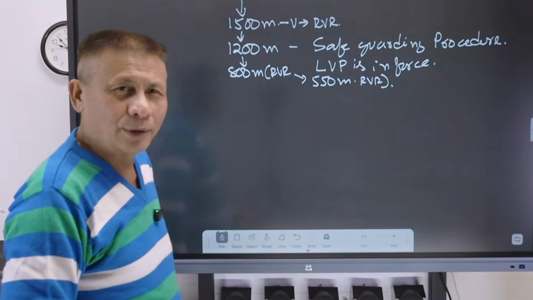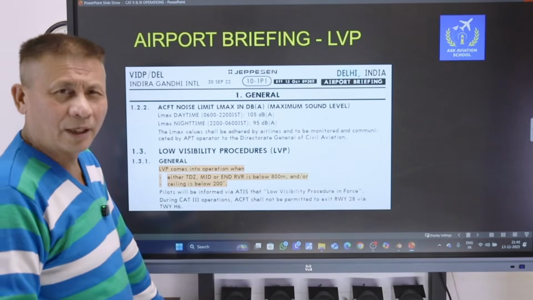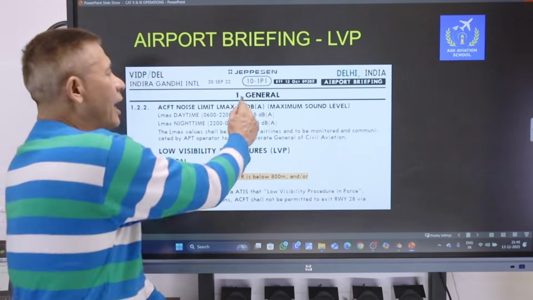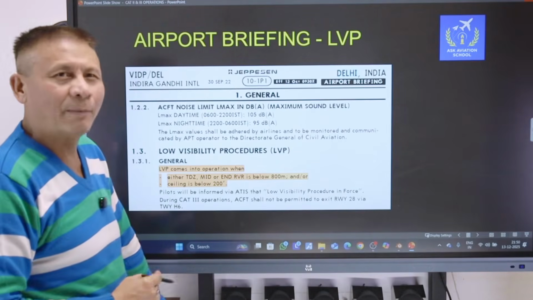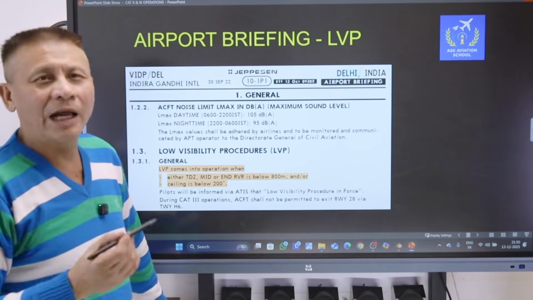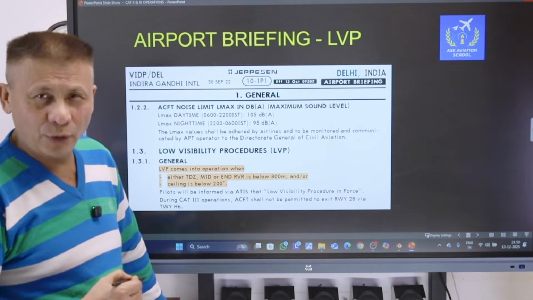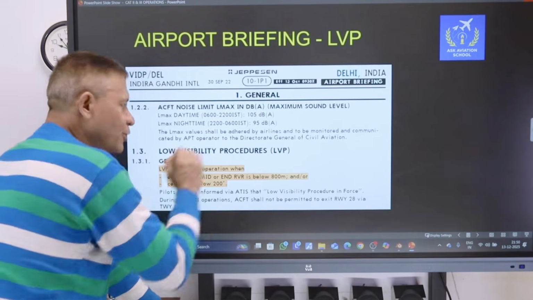Now I will show you one example of that. In this particular example, this is airport Delhi, India. It is indexed at 10-1P1. So in the airport briefing folder, in any type of chart which you are using, it will have this particular page wherein the low visibility procedures are given.